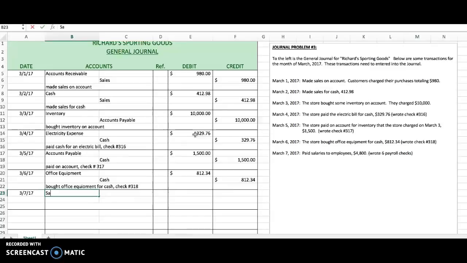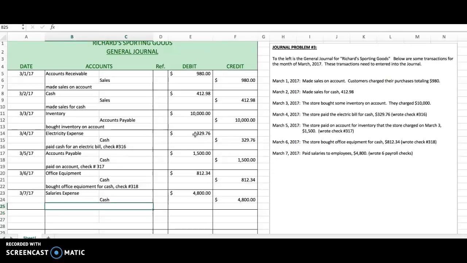So we have an account, very common, called salaries expense. And we paid $4,800 to our employees. And what did we do? We paid cash. They got money. So cash goes down, asset account decreased by $4,800.